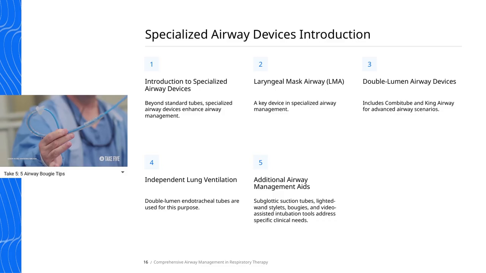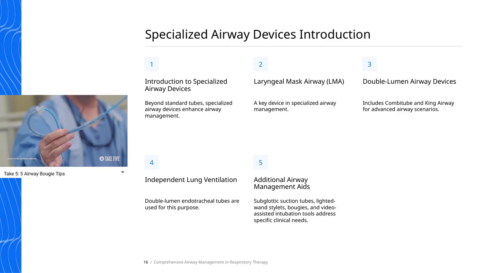These are used in more complex airway situations where standard intubation might not be feasible. They provide reliable airway control in emergencies and challenging cases. The double-lumen airway devices, in particular, are key tools in specialized airway management because they give us greater flexibility and control when ventilating patients with complex needs.